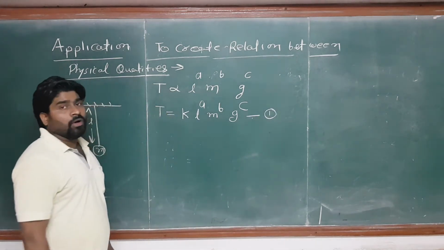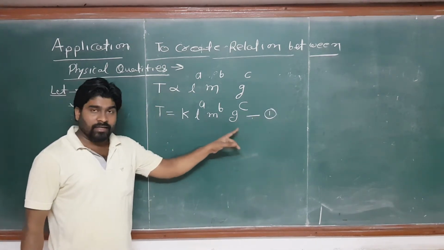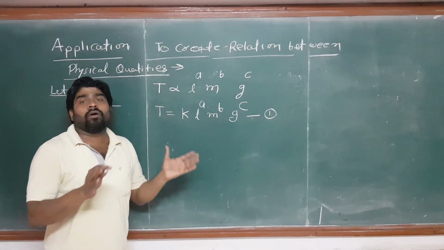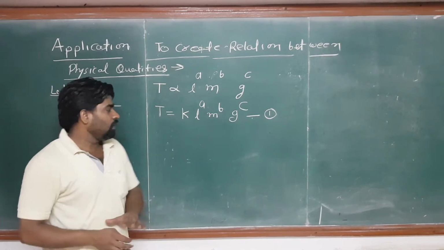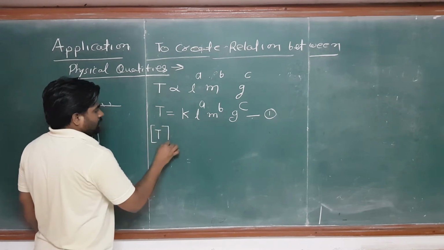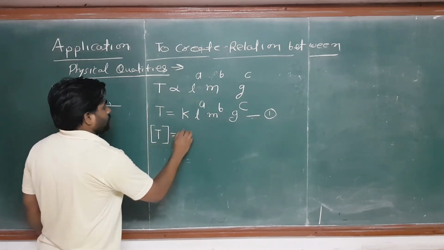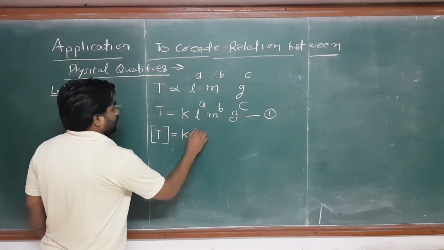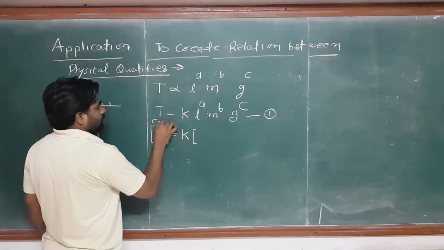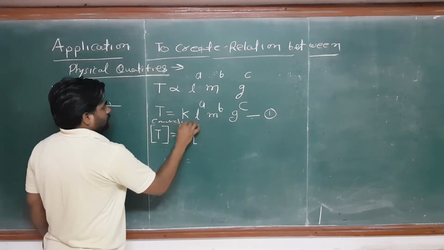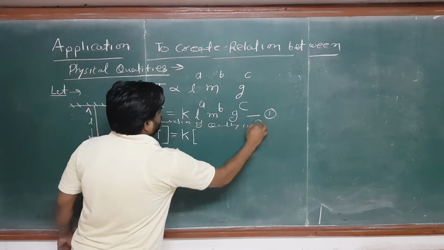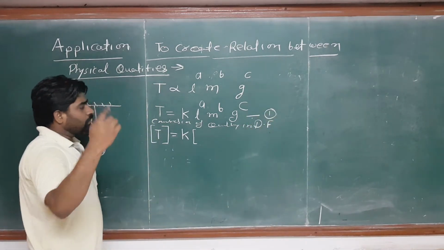Now what we have to do? You can see there are length, mass and gravity, and the time period. We will convert all these quantities into their dimensional formula. So I convert T, the time period, as T to the power 1, which equals K L to the power A. This is the conversion of quantities into dimensional formula, so if you are listening, you can note it down.